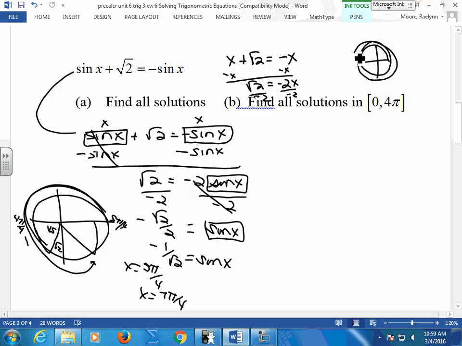Now, when we find all solutions to something, all solutions means this. In my realm of 2 pi or 360, I have 2 angles that make that happen. But my circle keeps going around and around. And a circle is worth 2 pi.